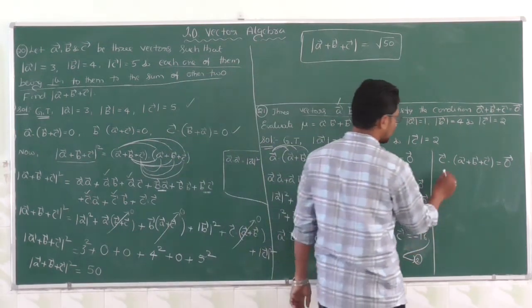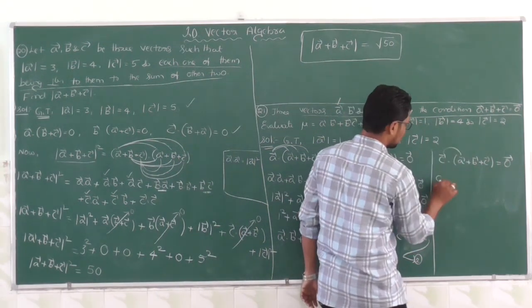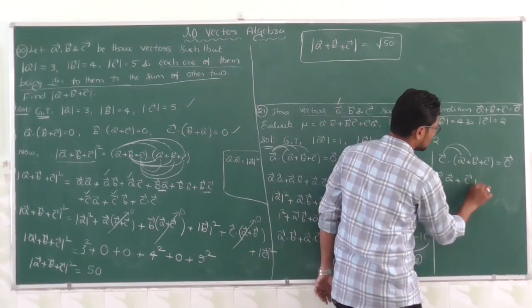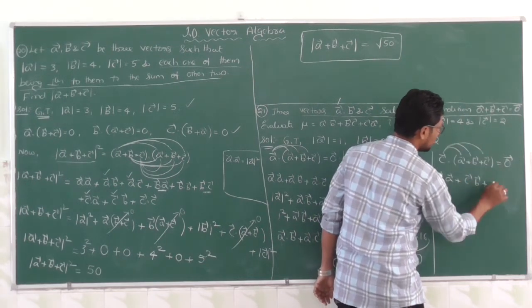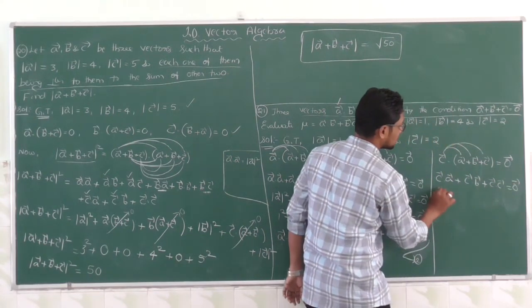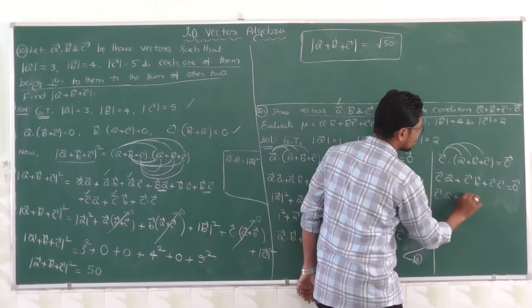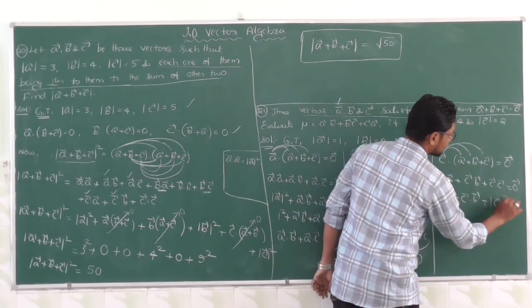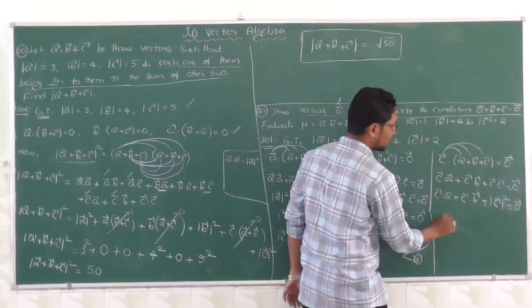Similarly, this one, C dot A plus C dot B plus C dot C equals to 0 vector. C dot C is magnitude of C squared.